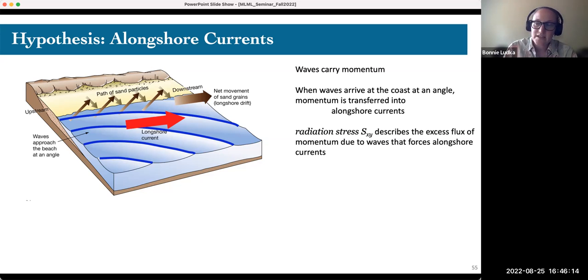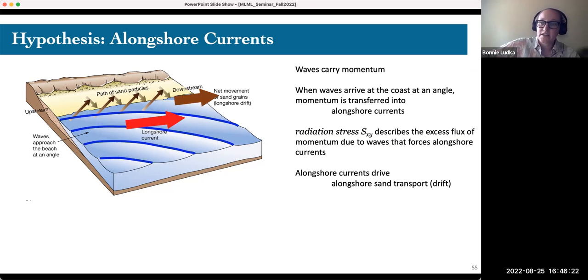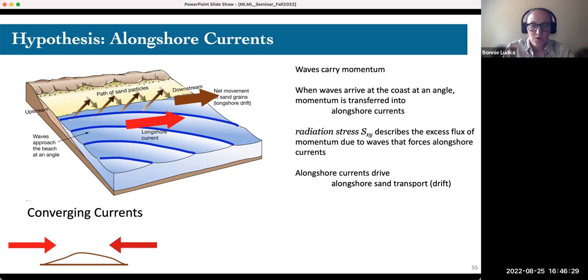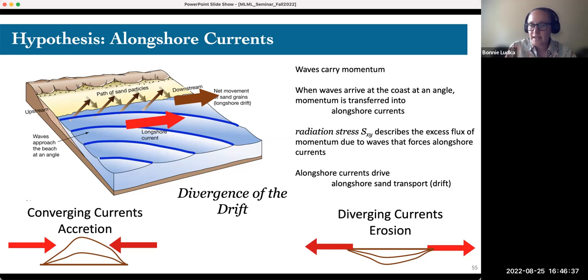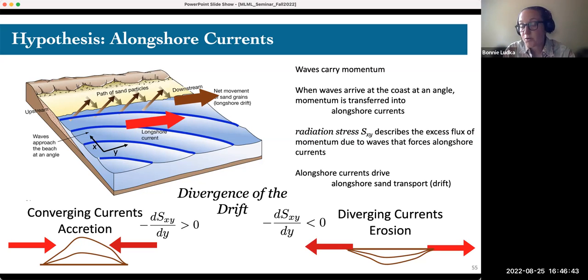So we're using this radiation stress as a proxy for alongshore currents. And then those alongshore currents drive alongshore sand transport. So they drive drift. And where we see currents converging, we tend to see accretion. And where we see current divergence, we would expect to see erosion.